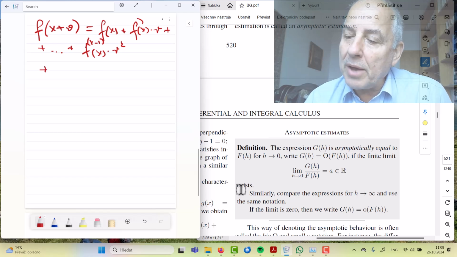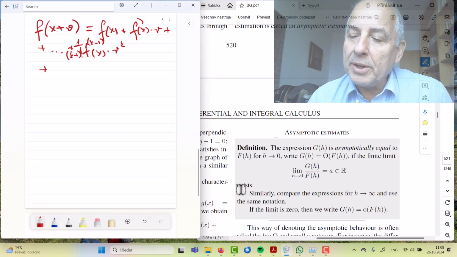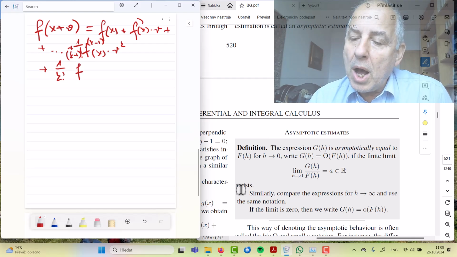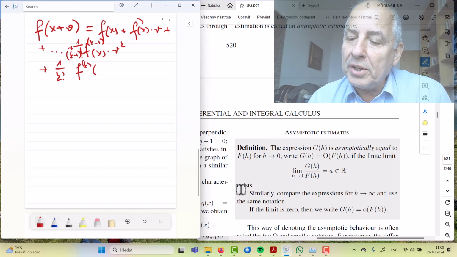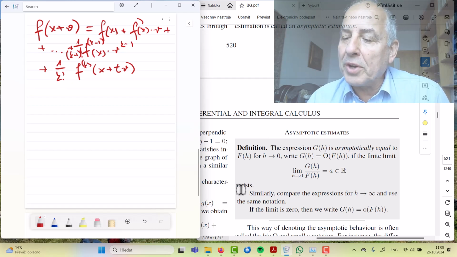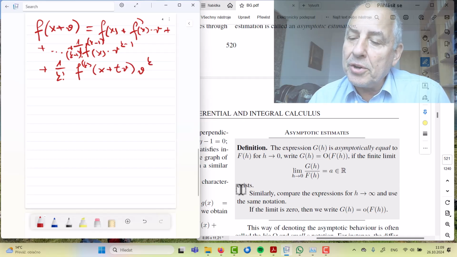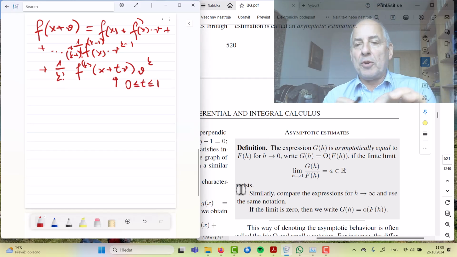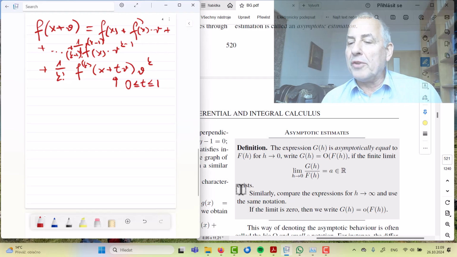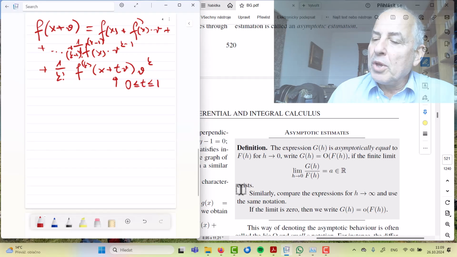I forgot to write 1 over (k minus 1) factorial here, and here will be 1 over k factorial, so the same shape of the remainder as here, except the k-th derivative is then taken at x plus t times v, times v to the k, where t is between 0 and 1, so it's somewhere in the interval between x and x plus v where we have to evaluate the thing.